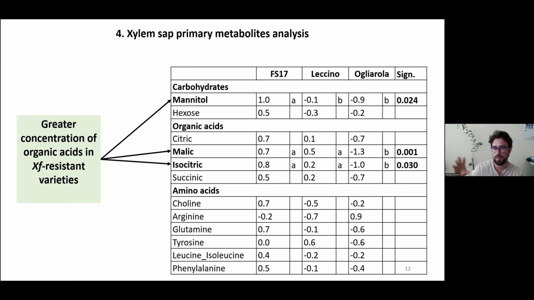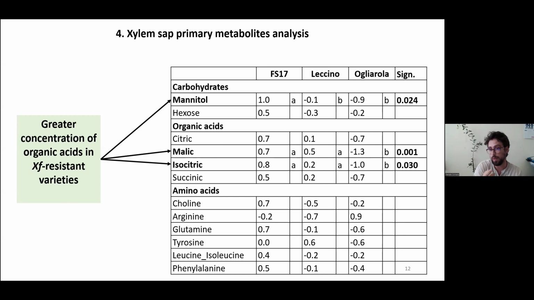Another interesting observation is amino acids. There was no significant difference in the amino acids among the three varieties tested. For this insect, it seems that amino acids act as feeding promoters. So when the insect senses the amino acids, the xylem sap ingestion begins.